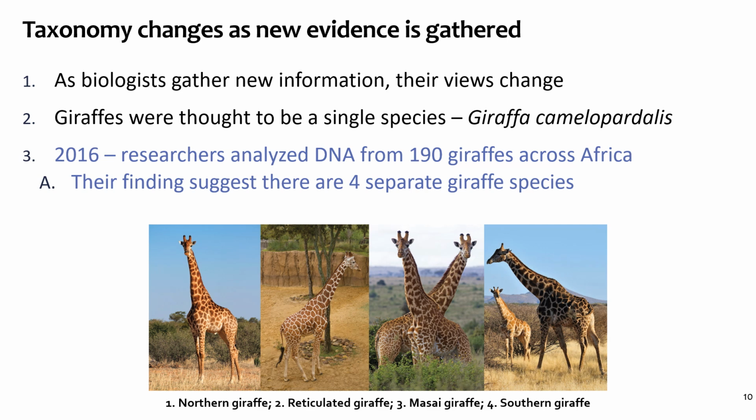So sometimes taxonomy has to change. For example, when I was in elementary school, I learned that there were several kingdoms: plants, animals, fungi, protists, and bacteria. So that's 5 kingdoms. So in my lifetime, we have added in the domain classification.